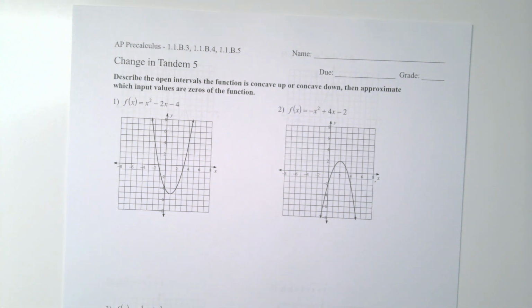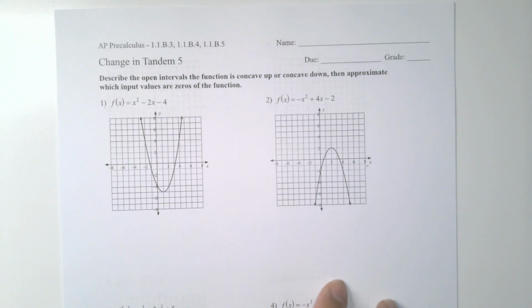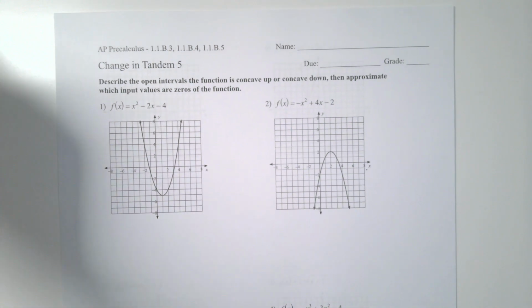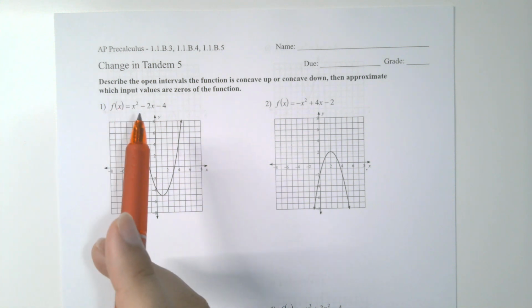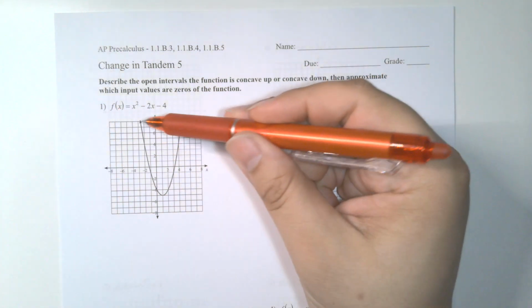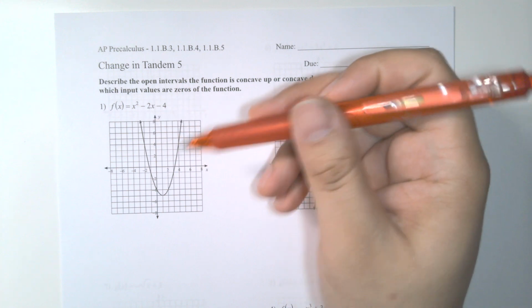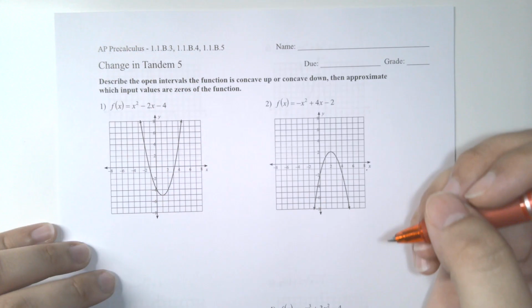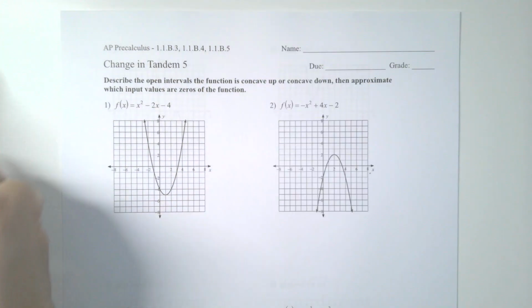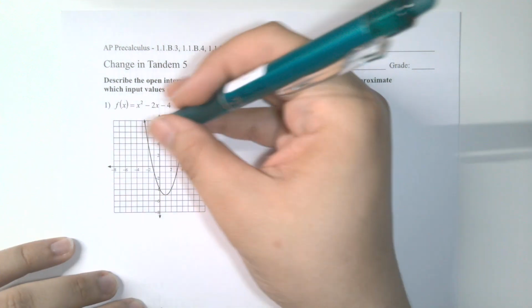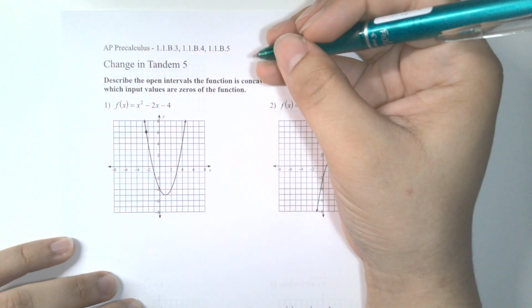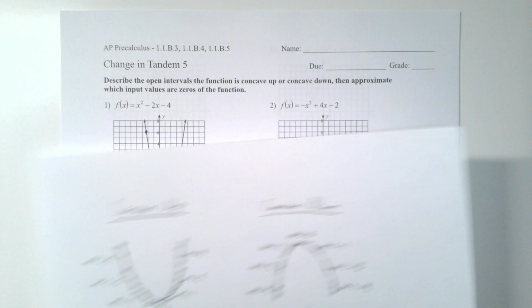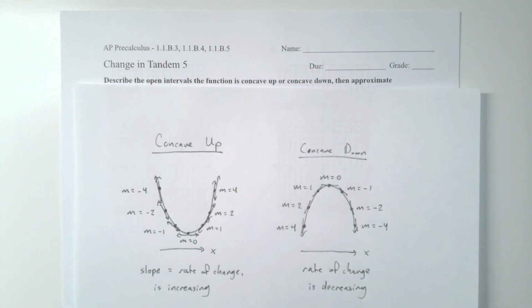So, if we look at example 1 here, we have a parabola modeled by this function here. And we see that our slopes, I'm going to use a red pen. And in fact, I'll use a green. Our slopes, say right here, well, first we can just compare it to what our concave up and down looked like.